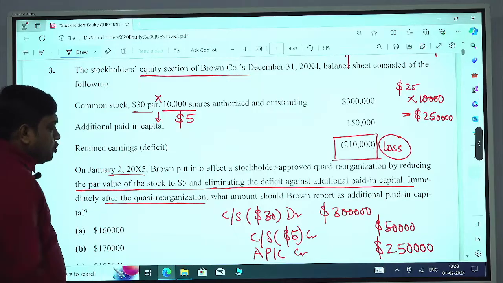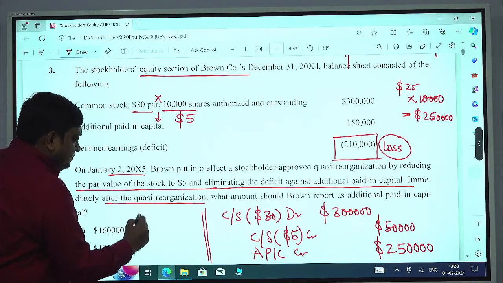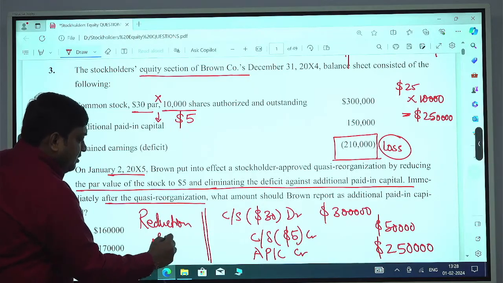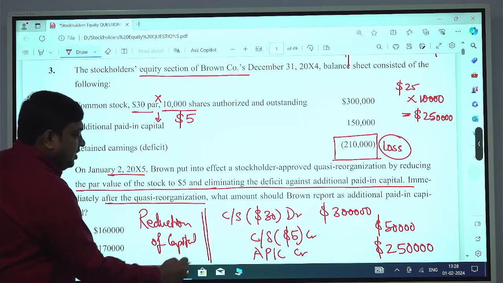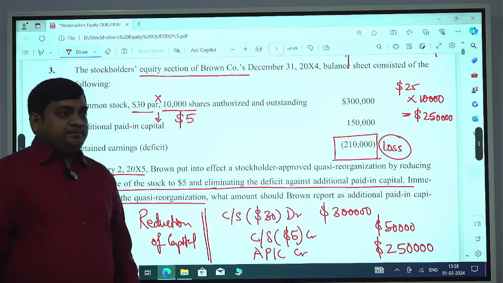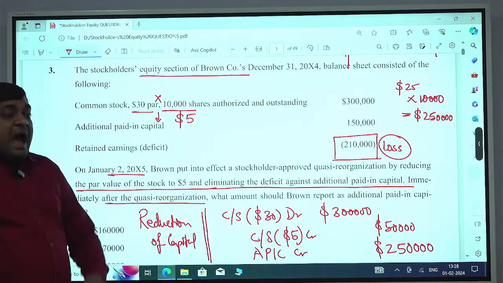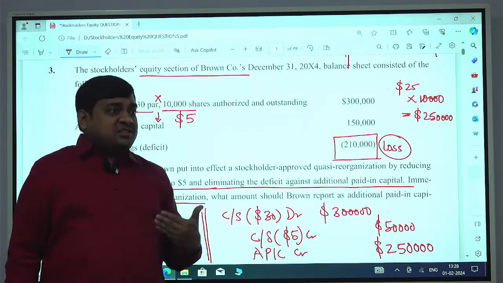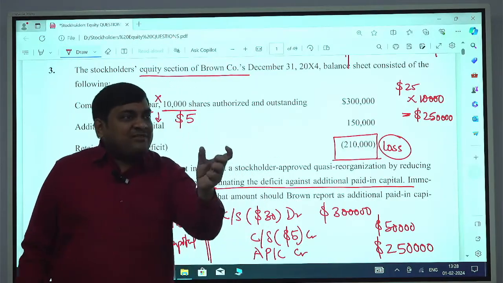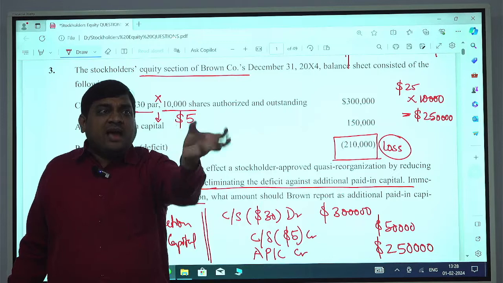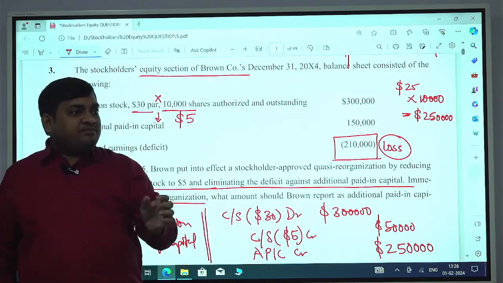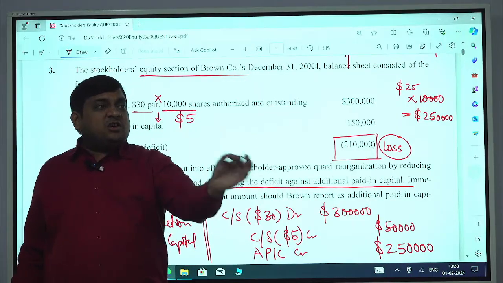So this is basically a reduction of capital. I have reduced the capital. I have taken from you the old certificates. I had issued 10,000 shares, par value is 30. Now each one of you has a share certificate with your name on it. Dear investor, you are holding 100 shares.